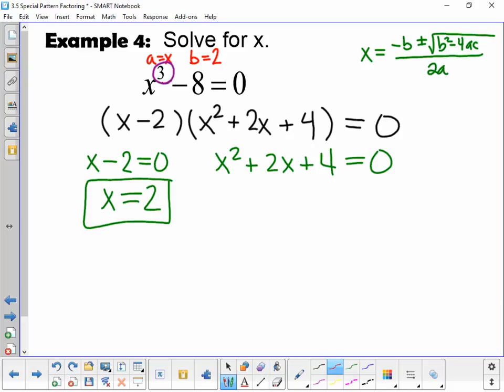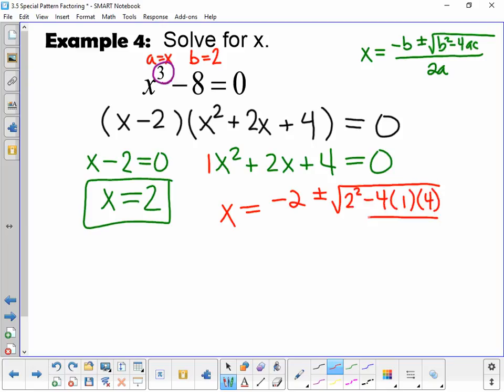Well, in this case, if we use this quadratic here, it's 1x squared plus 2x plus 4, x is equal to negative 2 plus or minus the square root of 2 squared minus 4 times a times c, and that's all divided by 2 times our a value of 1.